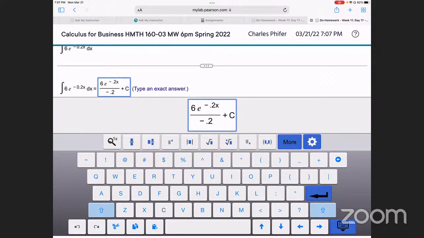This 0.2 is the same as 2 over 10, right? So if you flip and multiply, 2 over 10, that's 5 times 6. That's going to be a negative 30. I just want to get rid of the fraction.